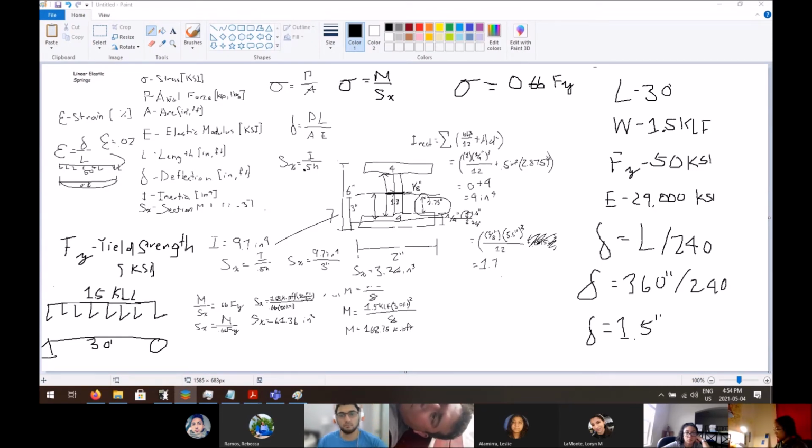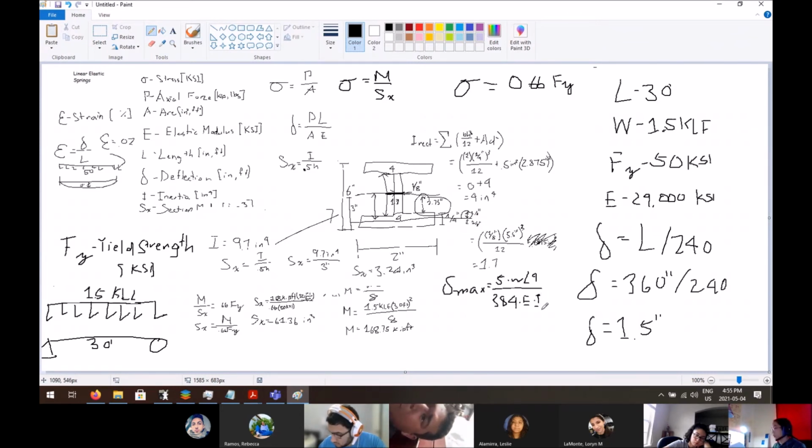So maximum deflection is equal to 5 times W L to the 4th over 384 times elastic modulus times inertia. Yeah, it's called elastic modulus. Elastic modulus times inertia. So now we have this one, we can plug it into there.